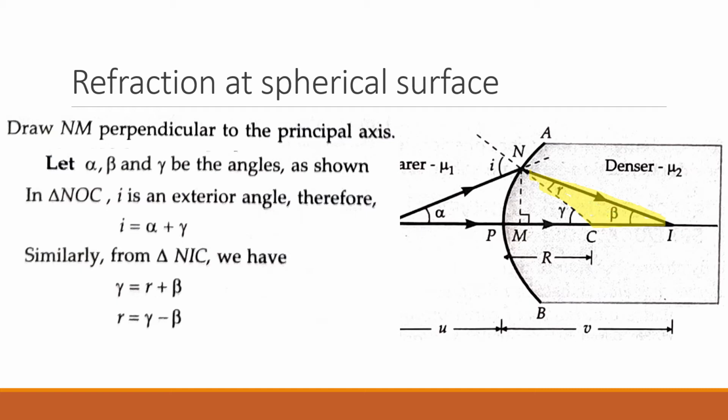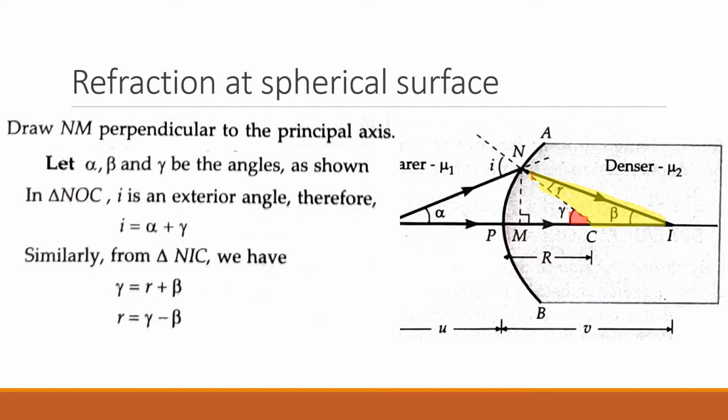Find this yellow triangle. Again, in this triangle, I can show that the exterior angle gamma equals the sum of the two opposite interior angles.